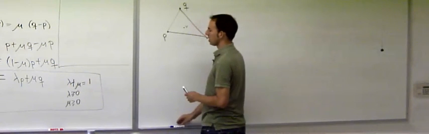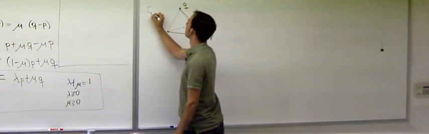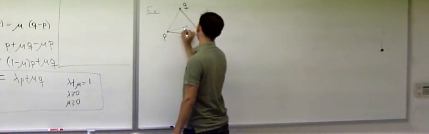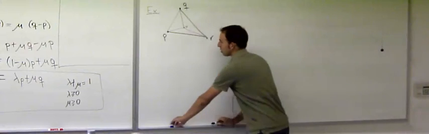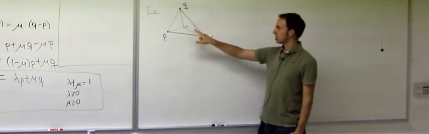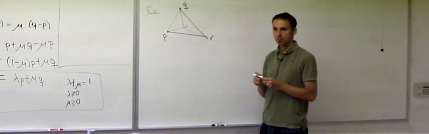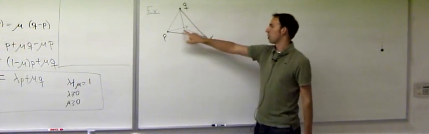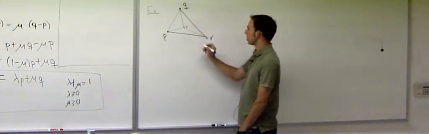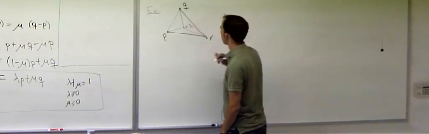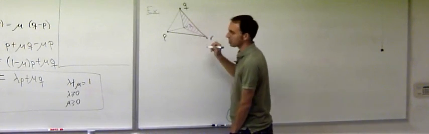Well, what I'm telling you is going to happen, and this is a kind of an offline exercise, is the following thing. If you look at the way that the point V splits up my triangle into 3 little triangles, let's write what fraction of the area is inside each of these triangles. So for example, I'm going to say that lambda is the fraction of the area in there.